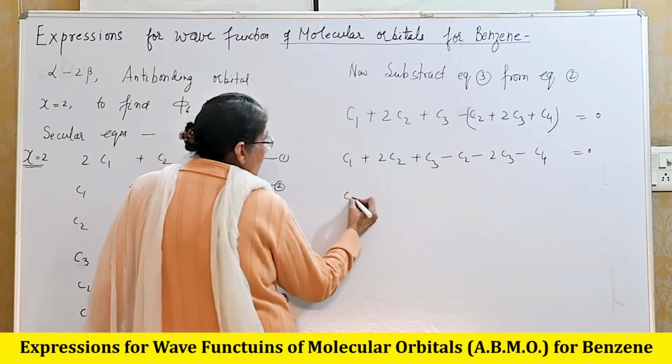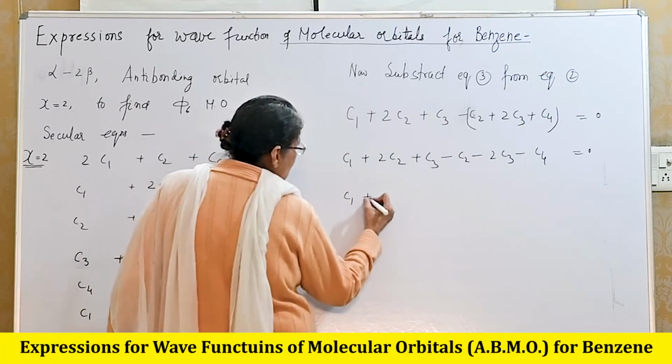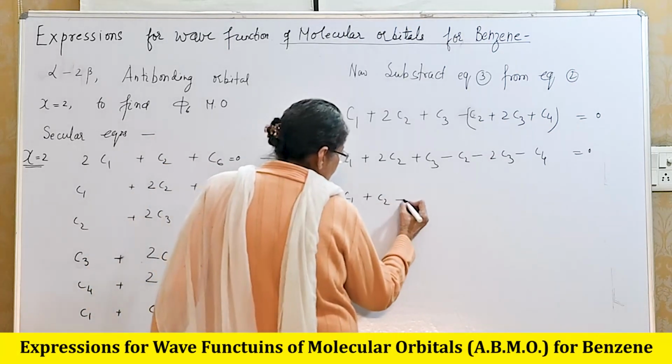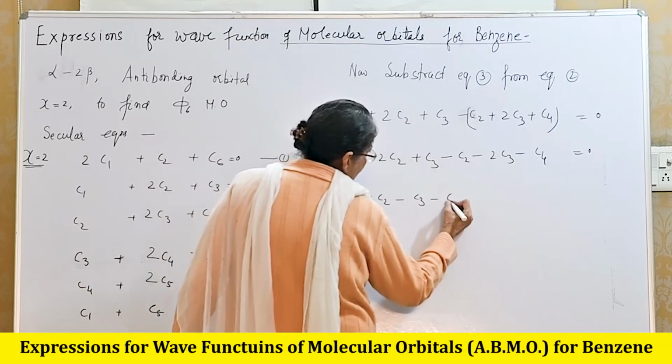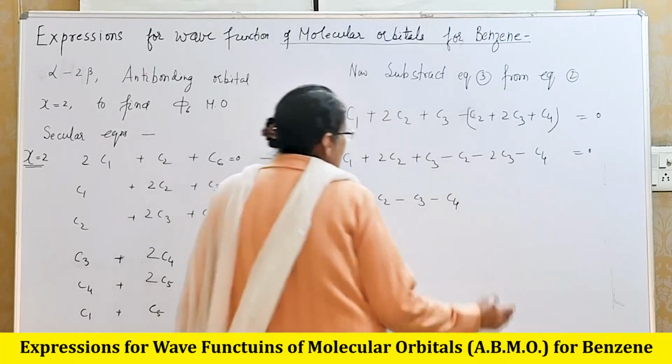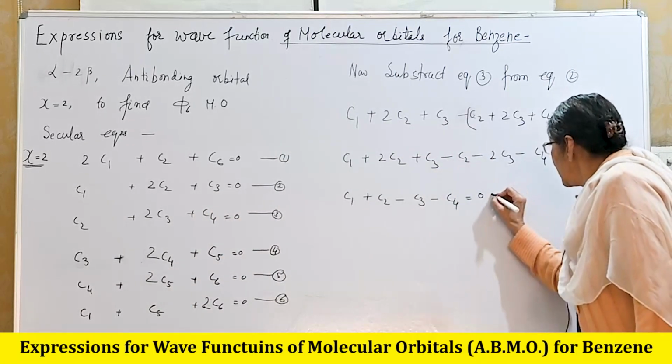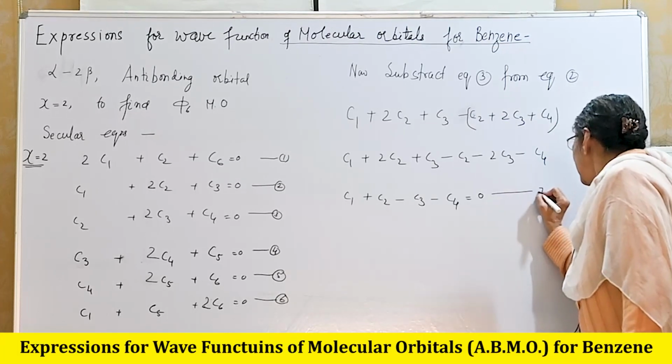Then C1 plus C2 minus C3 and minus C4 is equal to 0. Let this be equation number 7.